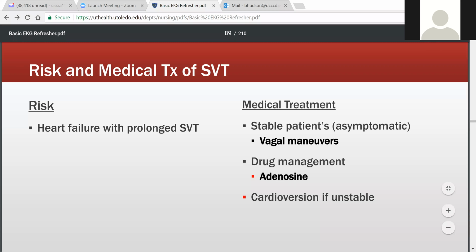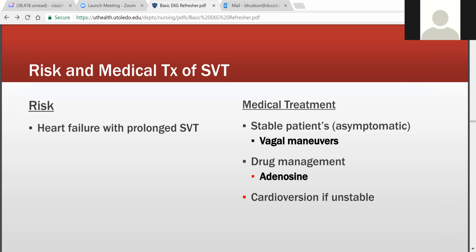Keep in mind, what are vagal maneuvers? Anybody know? Is that where you would try and like bear down to reset your heart rate? Right, so you can bear down like you're gonna take a poo or hold your breath. Some people massage the carotid artery.